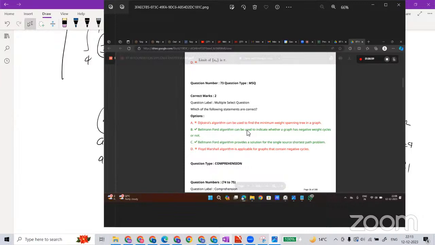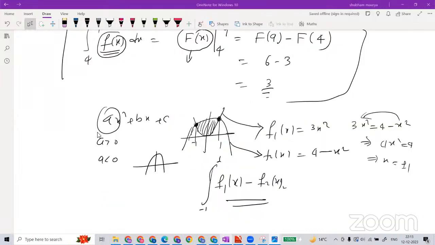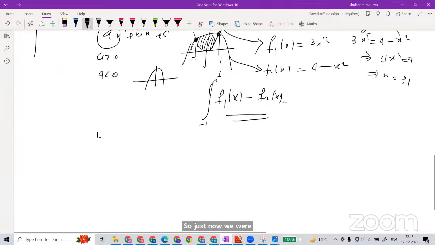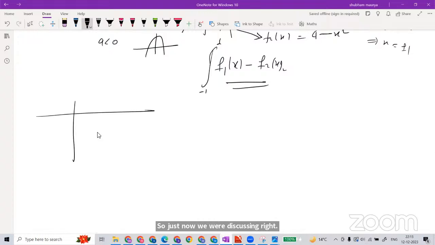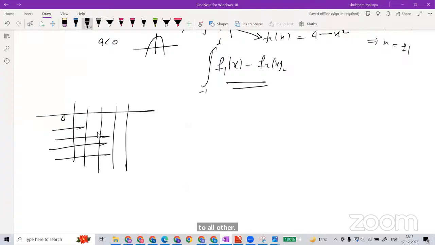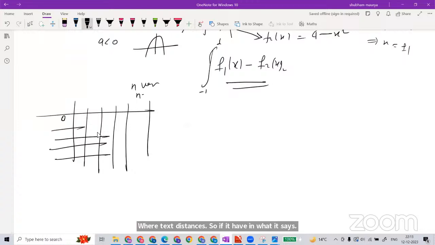This is true. If you see the Bellman-Ford algorithm, we were just discussing, it finds distances from one single source vertex to all other vertices. If it has n vertices, you just need to do n minus 1 iterations.